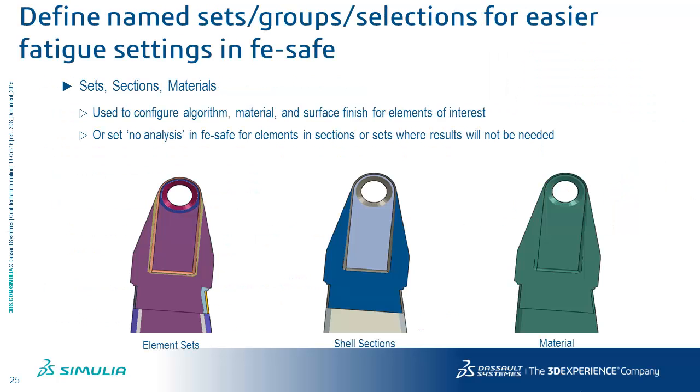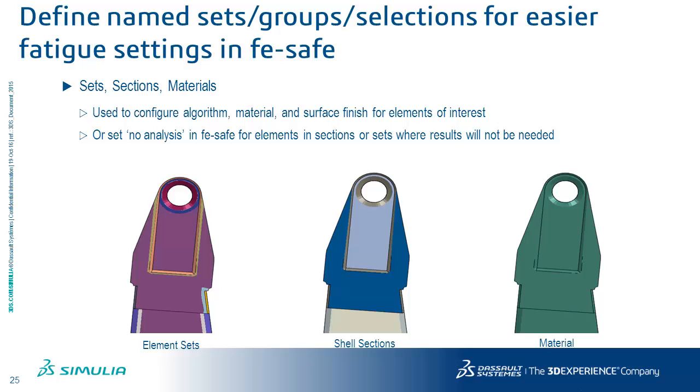Okay, and then try to make sets or groups of elements as is convenient for you, so that you can easily distinguish them when you do the fatigue calculation. You can create those kinds of sets or groups based on the element sets, shell sections, or material you used for those elements.